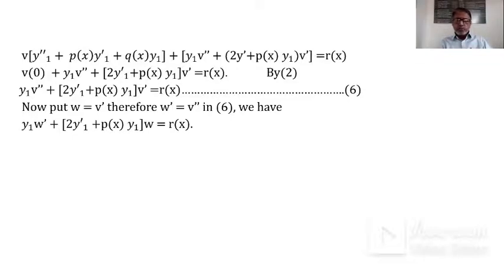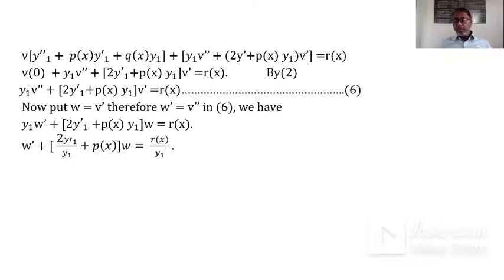With the choice w = v', we reduce the second order differential equation 6 into a first order linear differential equation. And we know how to solve this. First, we divide by y1. We get w' + (2 y1'/y1 + p(x)) w = r(x)/y1.